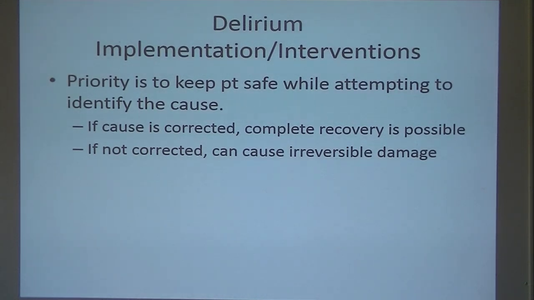So if we have a patient come in who is hypoglycemic, presenting with symptoms of disorientation, and we don't check their blood sugar, we don't diagnose them as hypoglycemic, that can turn into a coma and death. So see that. But if they come in hypoglycemic and we treat it, then the delirium can be reversible.